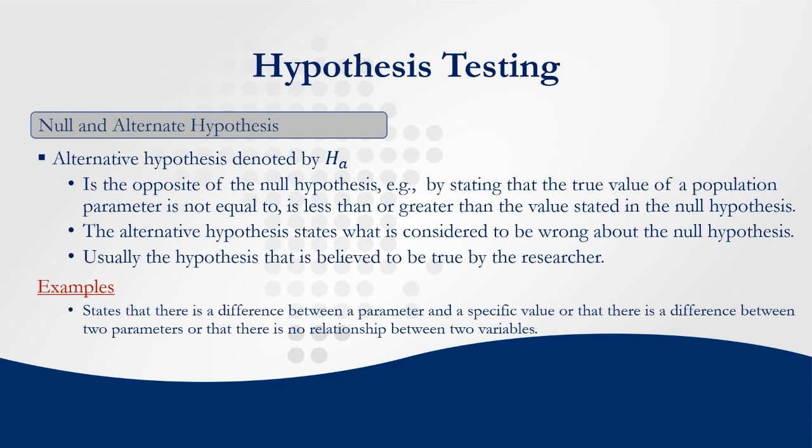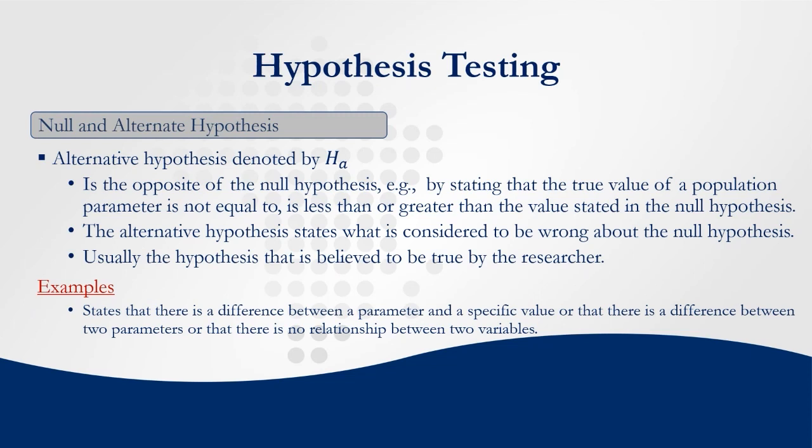Otherwise, there wouldn't be any value in introducing a new teaching method, a new treatment, if you don't believe it's better than what is currently existing. But the null hypothesis will say that the new treatment and what is existing, they are the same. But you as a researcher, you are actually doing the study because you believe that the new treatment can give better results compared to the existing or the standard.